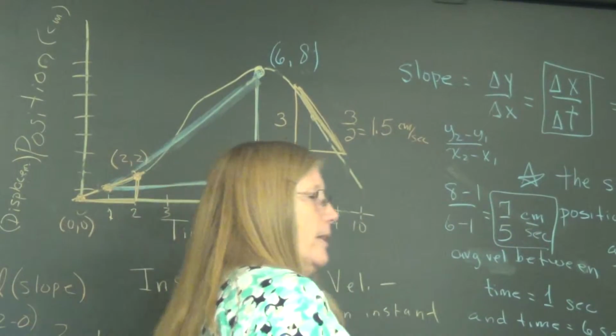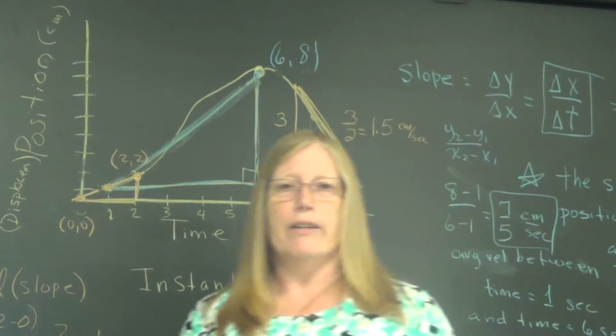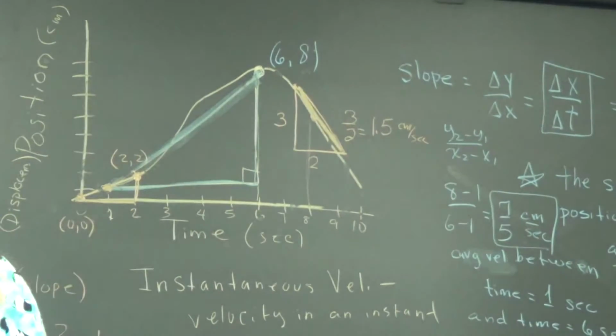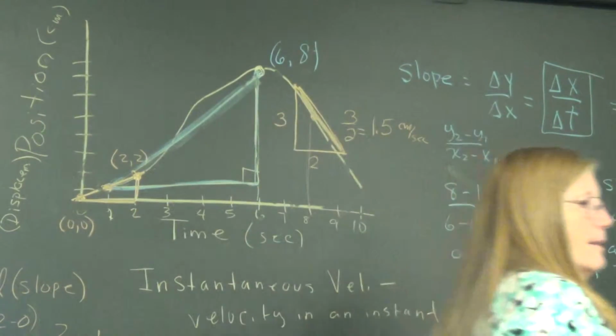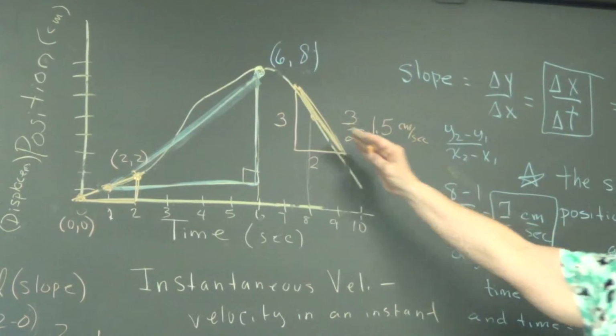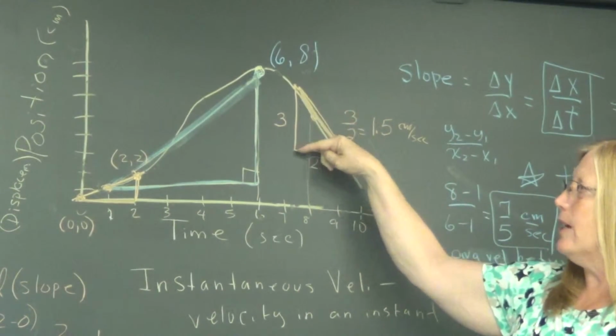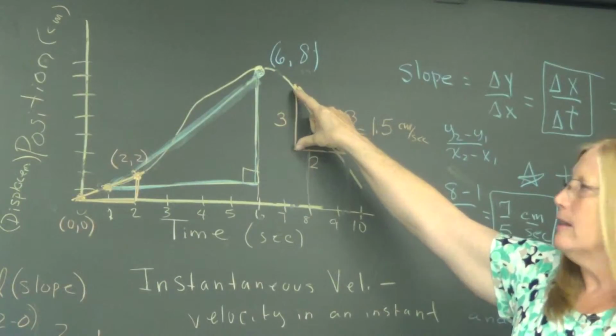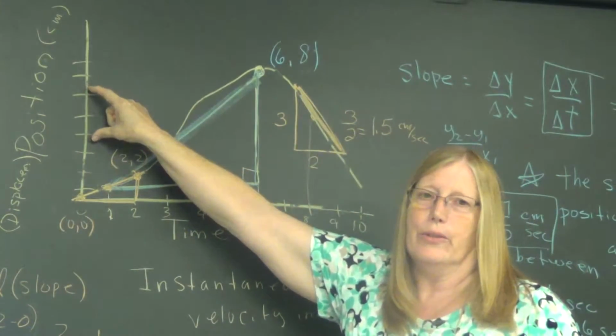And what was yours? Do you have a value there for your slopes at time equals 8? What do you got? You got 2? Anyone else get around 2? We're over here now, so you have to form a triangle and get the rise from over here somewhere on your chart.